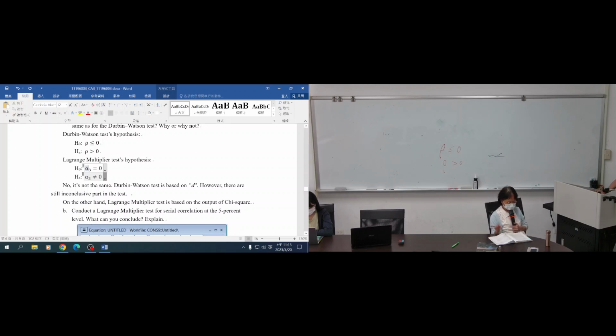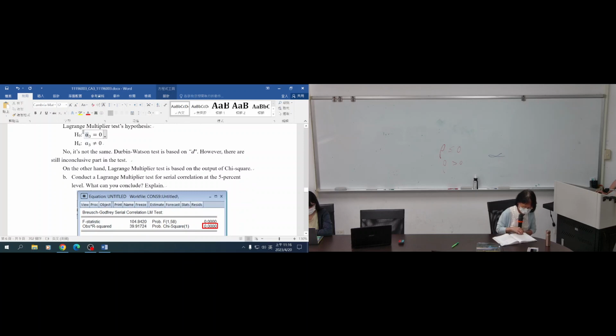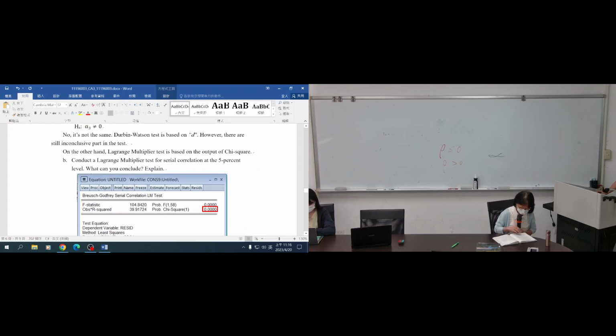According to our model, using the Lagrange multiplier test, they write the equations using the residual as the y variable.